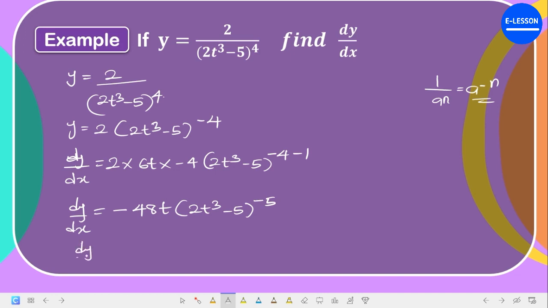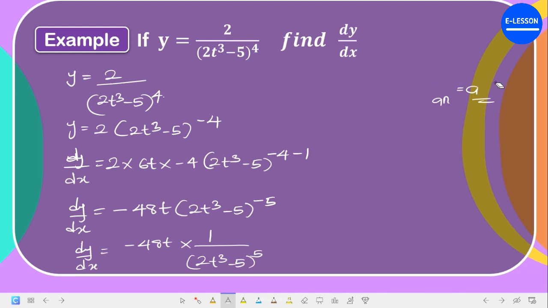So we can say that our dy/dx is equal to minus 48t^2 times, whenever you have a negative power here and you want to make it the fractional form, it is 1 all over 2t^3 minus 5 raised to the power of 5.